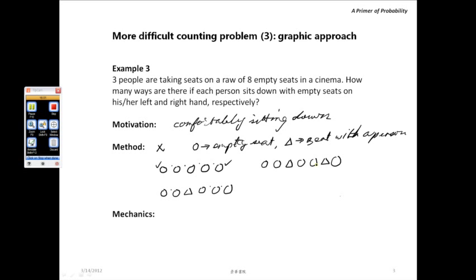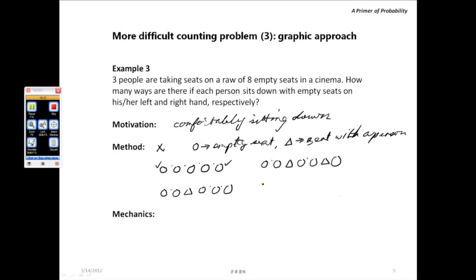Well, we can turn to the third person and it's easy for us to find that there are only two ways left for the third person with his or her seat empty. So 1, 2.